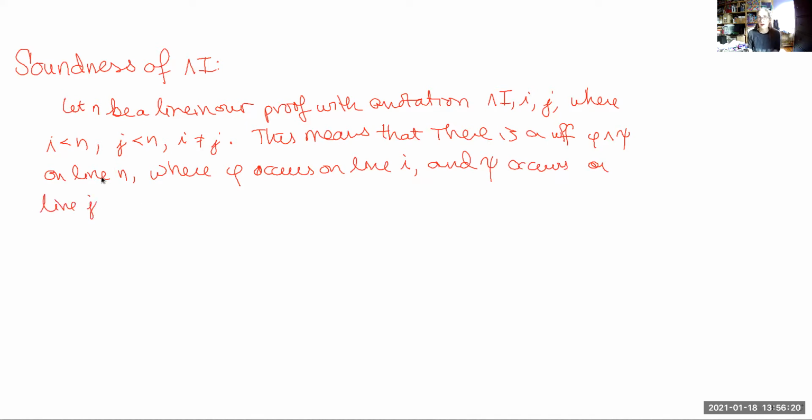No, it doesn't matter whether i comes before j. We just need that both of them come before n. That's an important thing to remember. So we've got these individual conjuncts earlier in our proof.